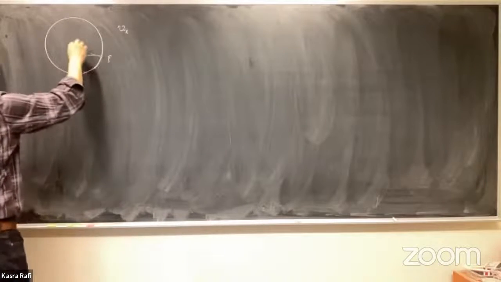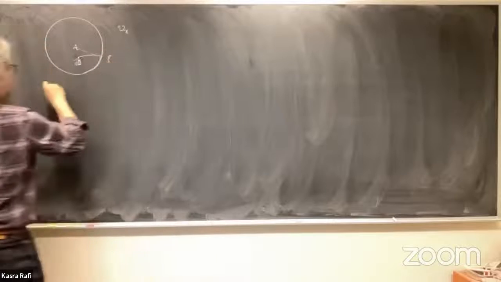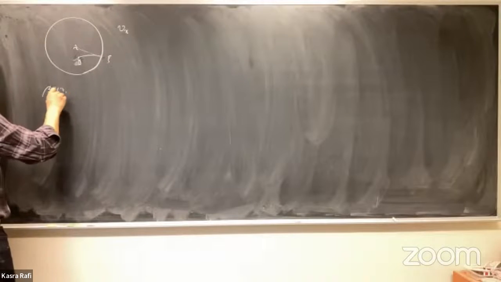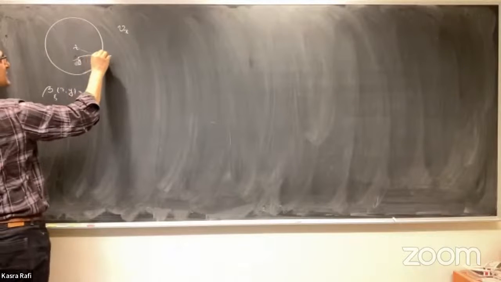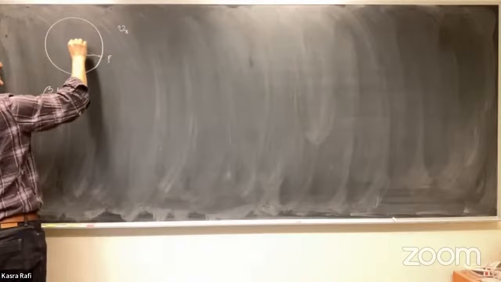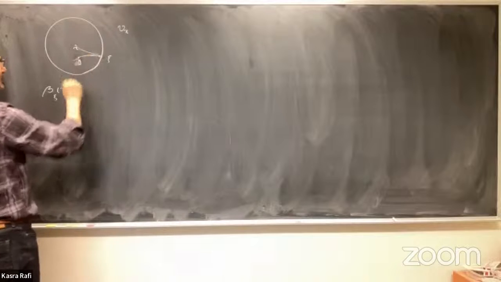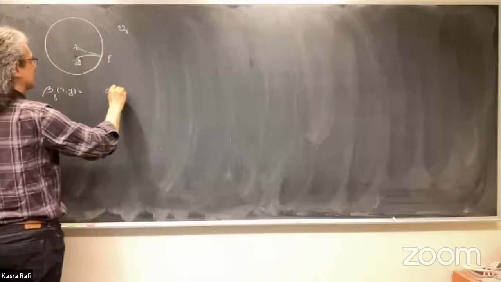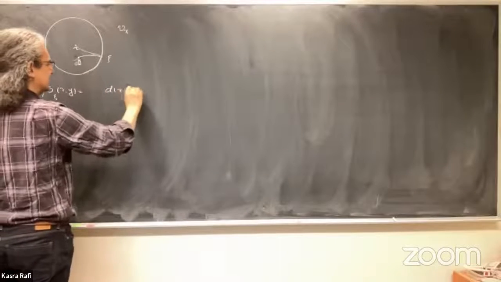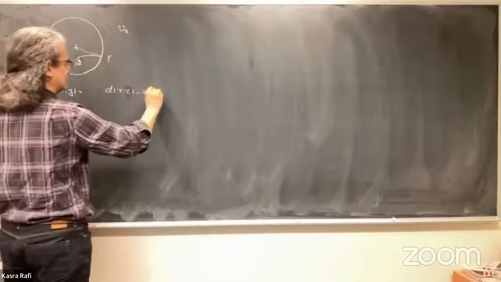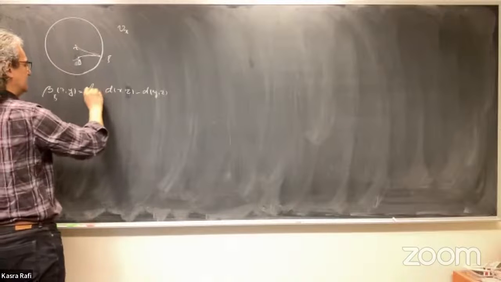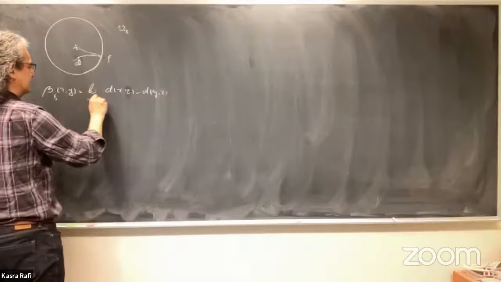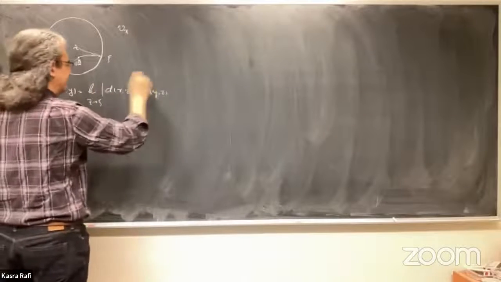I hope everybody knows the Busemann function beta of c, x, y. You pick a point z very close to c and look at the distance to x and to y, so it's the distance between x and z minus the distance between y and z, and you take the limit as z converges to c.